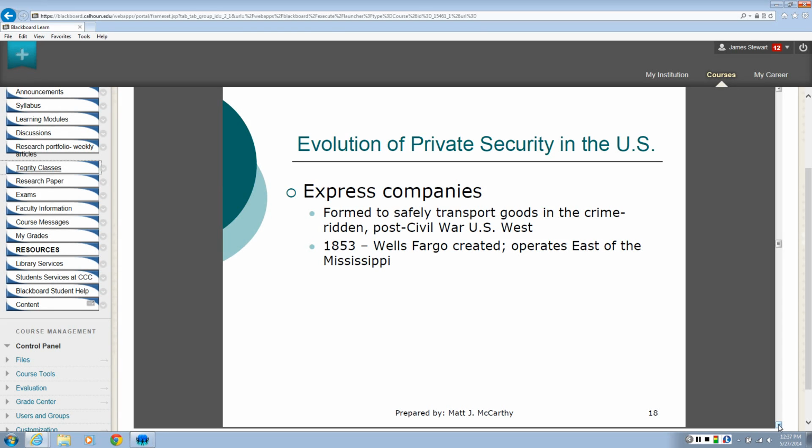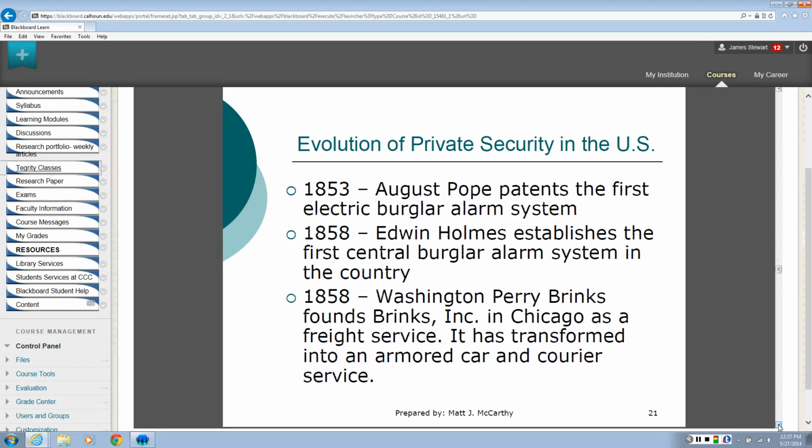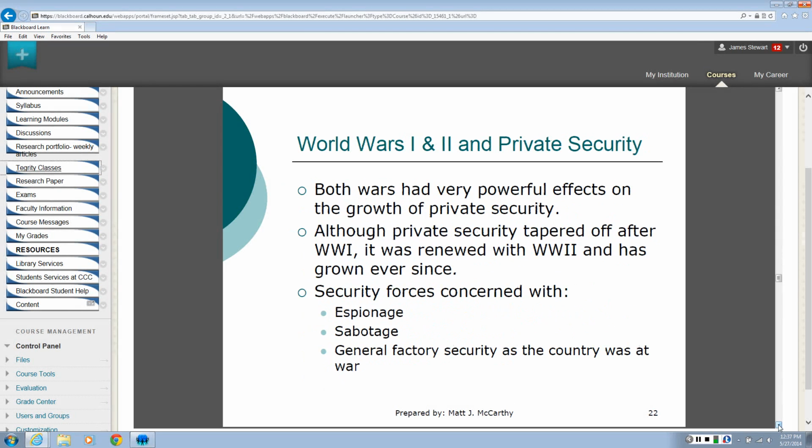It was all to fill a very narrow niche, a very narrow need to provide security for certain things, because public police just were not everywhere. We just didn't have that many of them. So we had to have some people who were commissioned in order to provide security for certain things. Make sure you are familiar with that historical evolution of private security here in the United States.